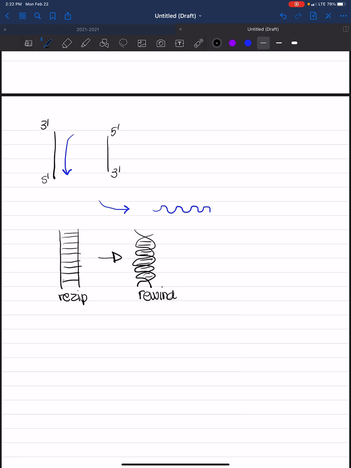So now we need to look at the difference between RNA and DNA. DNA is double-stranded. RNA is single-stranded. DNA has deoxyribose.